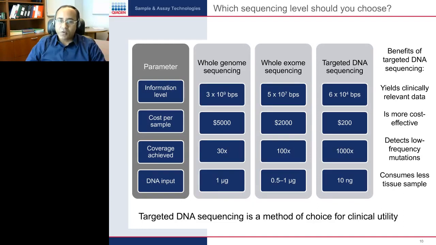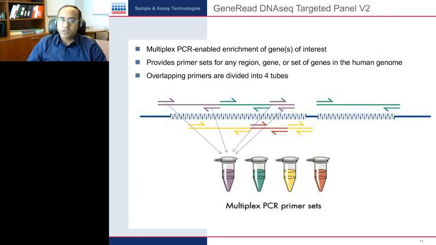And that's the reason why QIAGEN has developed the GeneRead DNA targeted panel, which is basically a multiplex PCR-based method to enrich your genes of interest prior to next-gen sequencing. In very simple terms, it provides you the set of primers for any gene or any region or any set of genes in the human genome.